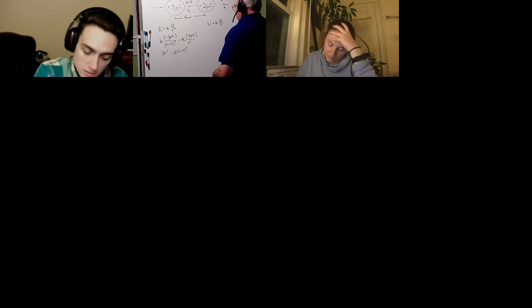And we can cross multiply. So this is going to be 3x squared is equal to 2 times the quantity x plus 5 squared. If I was going to do this, I would divide both sides by 2 first.